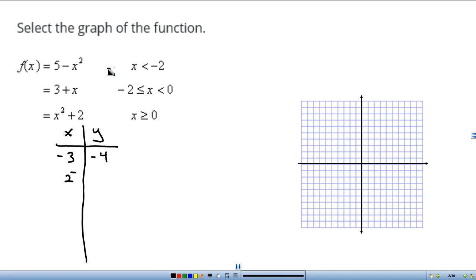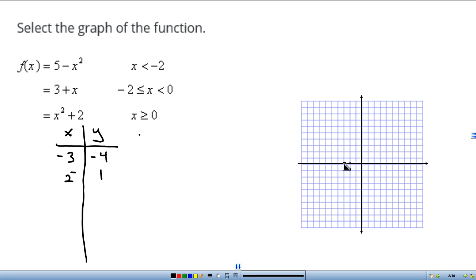So what I'm telling you is I can just plug in 2 right here and evaluate it. So 2 squared is 4, and 5 minus 4 is, in this case, 1. Okay? But understand, when I graph it, I'm going to graph -3, -4.